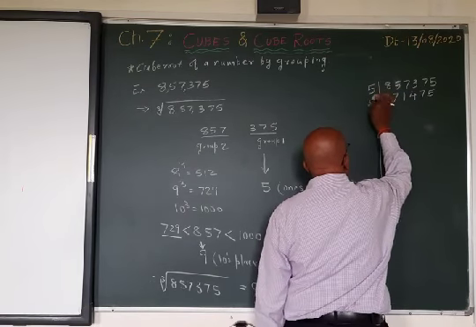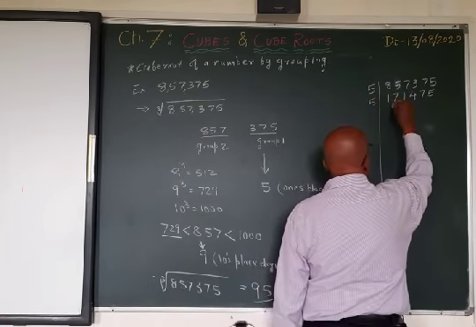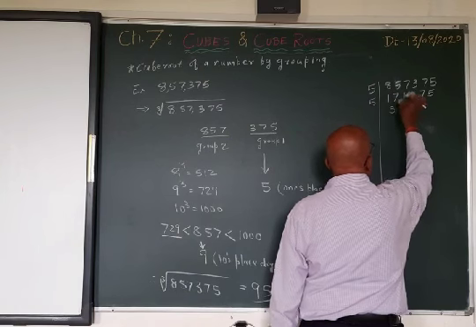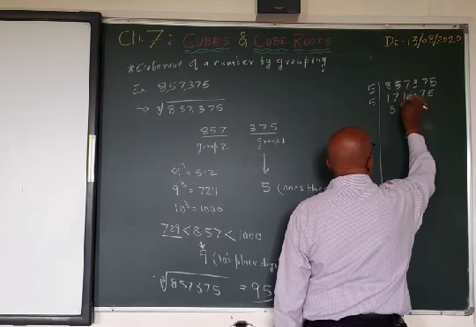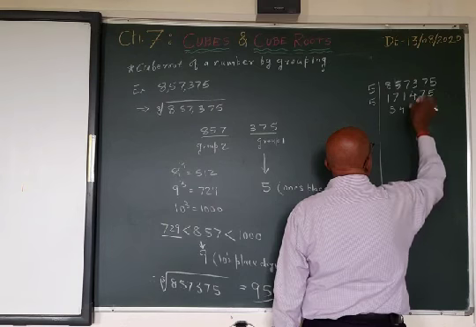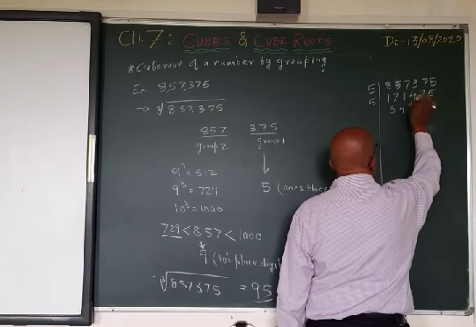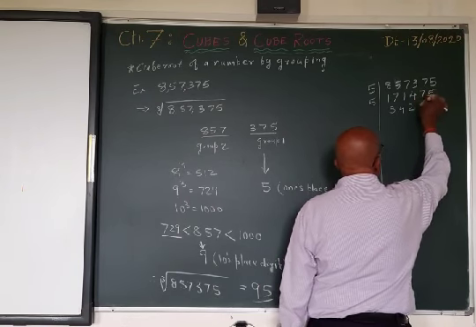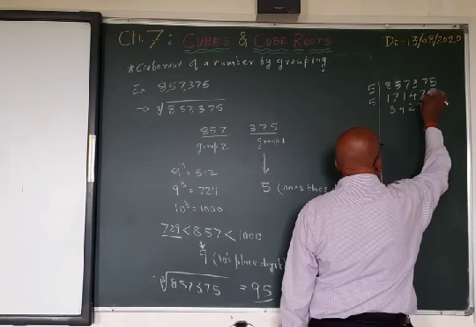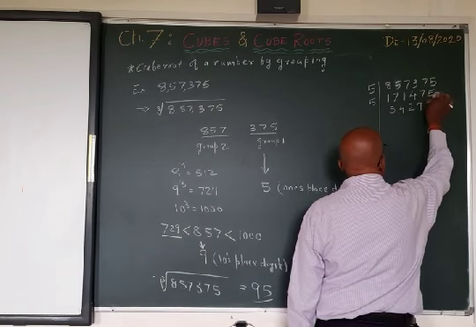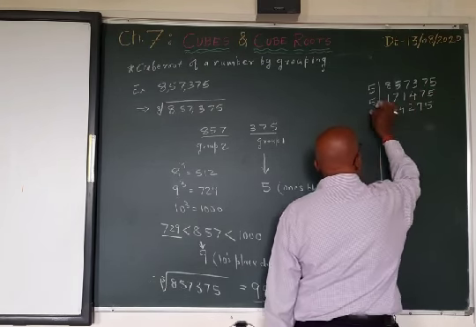Again 5. 5 threes are 15, remains 2, 5 fours are 20, remains 1, 5 twos are 10, remains 4, 5 nines are 45, remains 2, 5 fives are 25. Again 5.